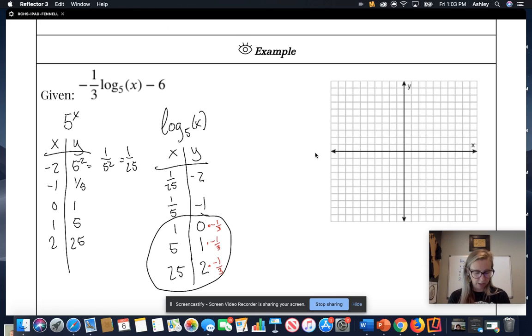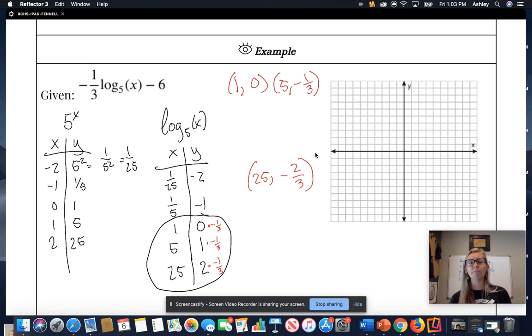So my new point is I'm going to have the point (1, 0). Again, when I multiply, no change there. And then I'm going to have (5, -1/3), right? 1 times -1/3 is -1/3. And then my last transformed point would be (25, -2/3).